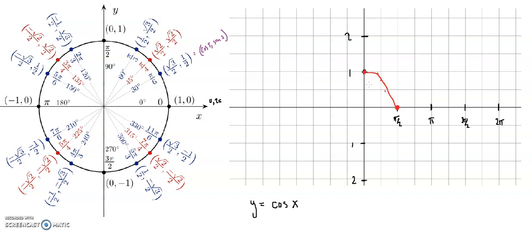Okay, so that's the first part. And then the second part is going to go from pi over 2 to pi, and I'm going to go from 0 to -1. So from pi over 2 to pi, I'm already at 0, and I'm going to go down to -1 at pi.